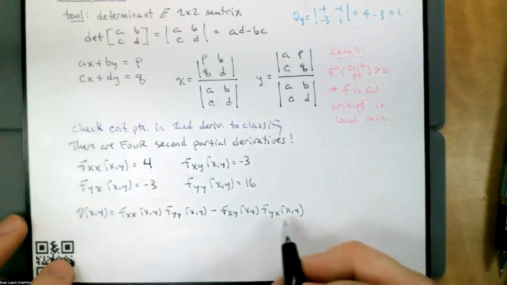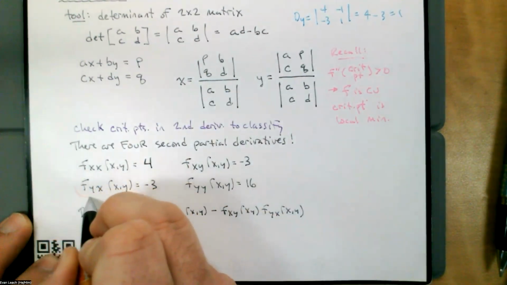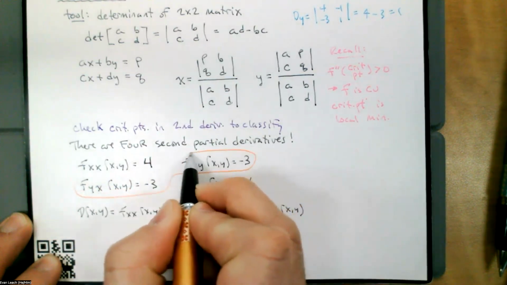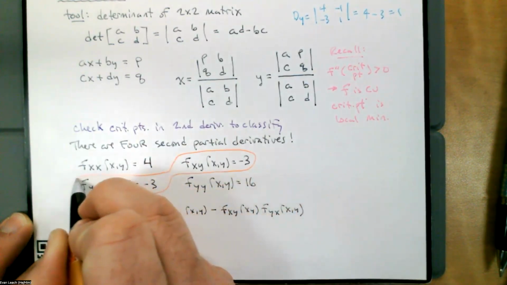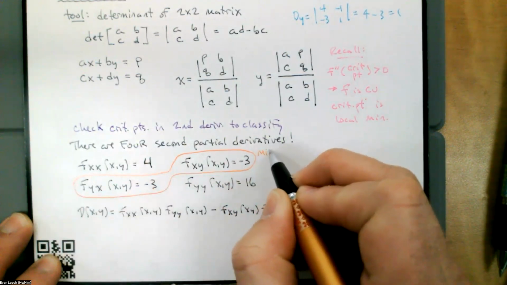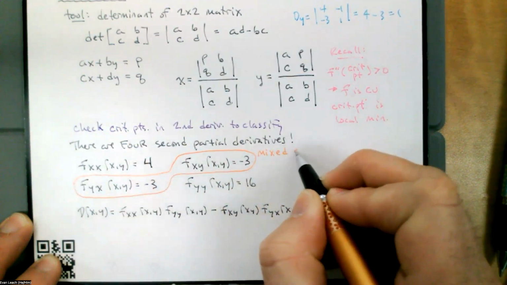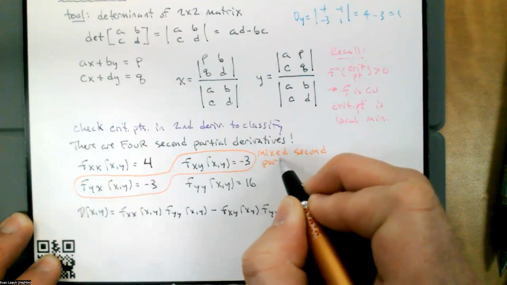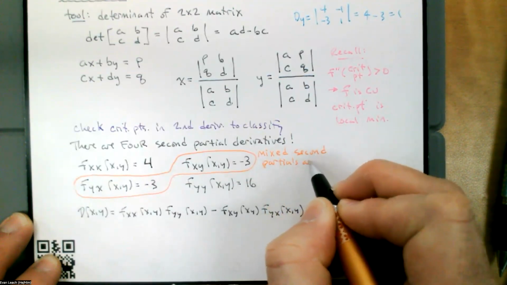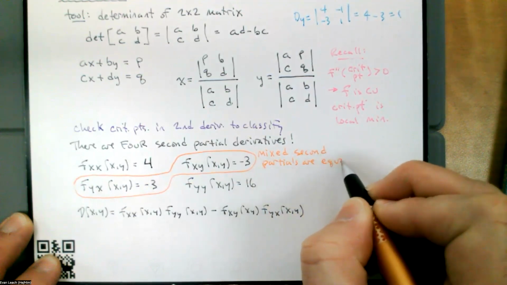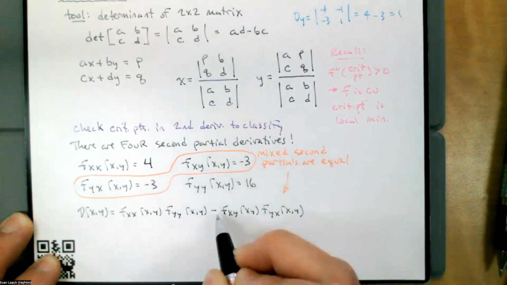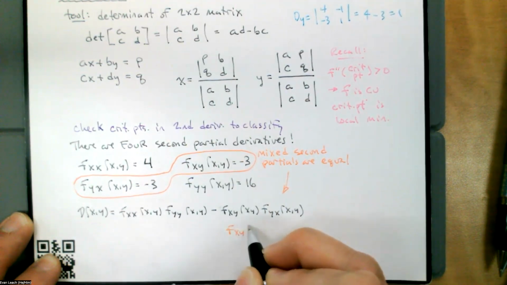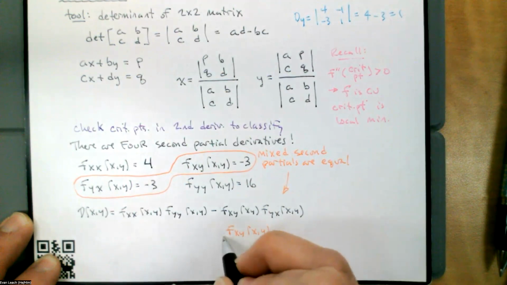That's why we can square it, because fyx and fxy, the mixed second partials, are equal. So down here, we'll summarize this by saying fxy, we'll just pick one to represent and square it.